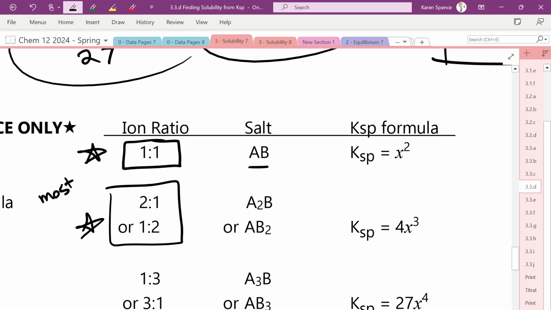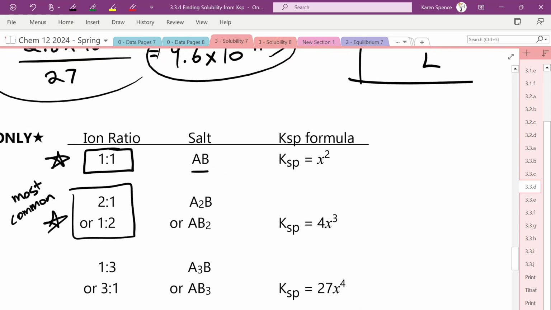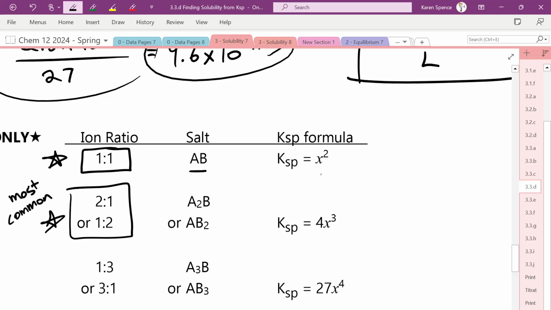And if you happen to know, if you let x be the solubility, if you have a 1-to-1 ratio, it is going to be x squared. And if it's 2-to-1, this comes from having 2x squared times x. It's going to be 4x cubed.